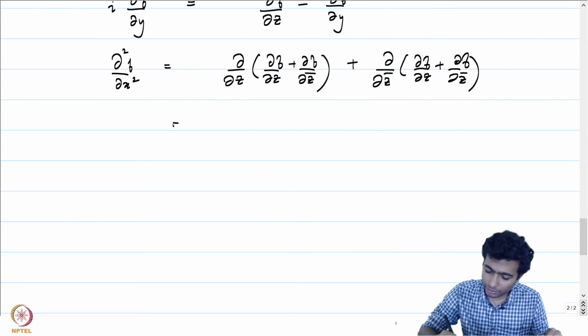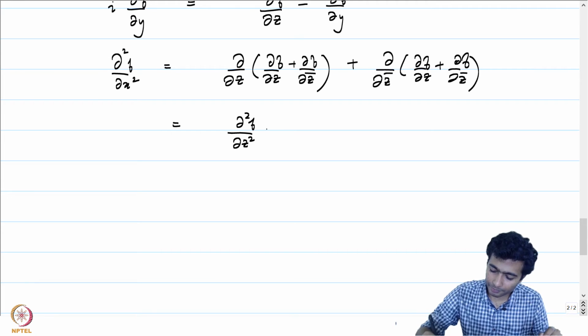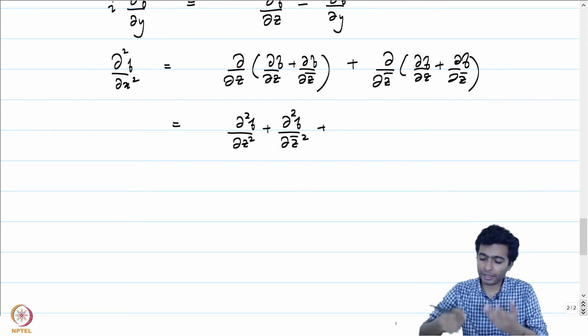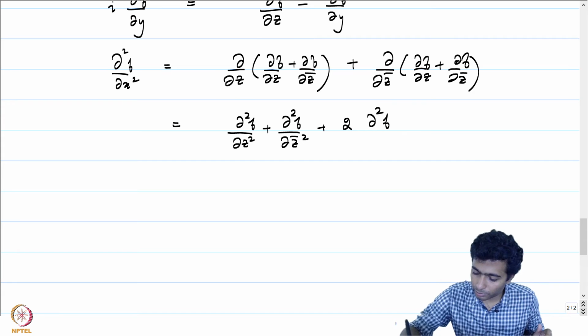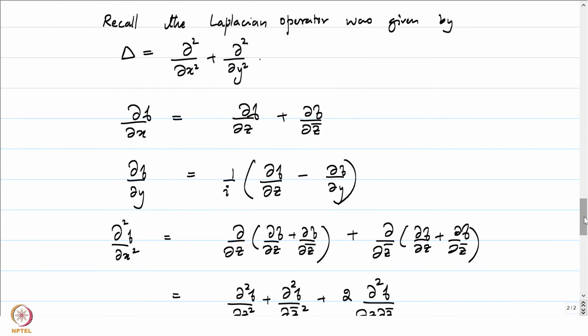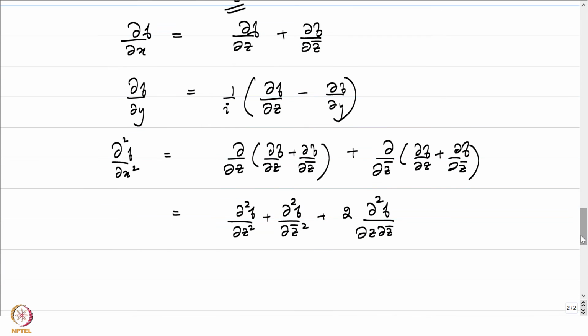So this is going to be equal to ∂²f/∂z² plus ∂²f/∂z bar², and by using Clairaut's theorem, plus two times ∂²f/∂z∂z bar. Okay, let's now compute ∂²f/∂y² in terms of the Wirtinger derivatives.